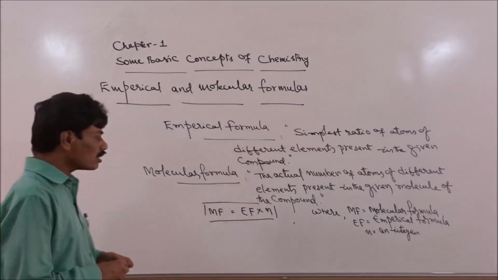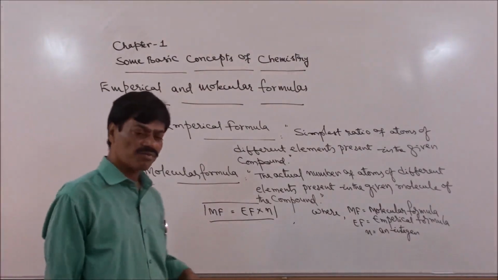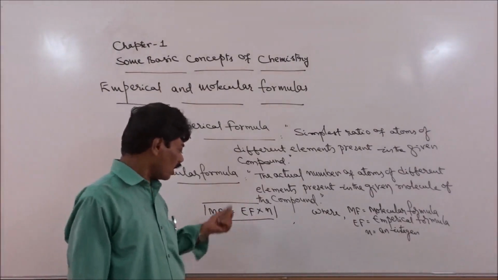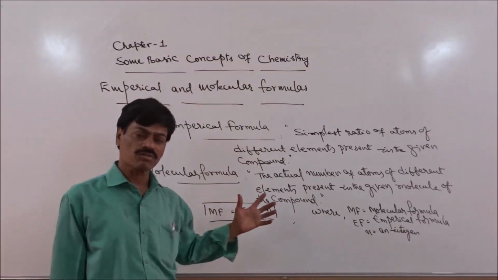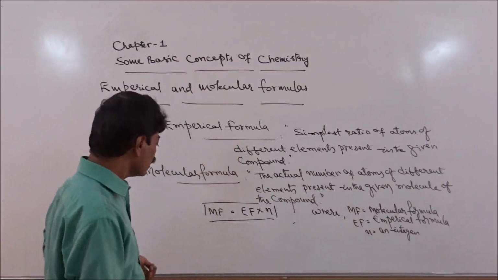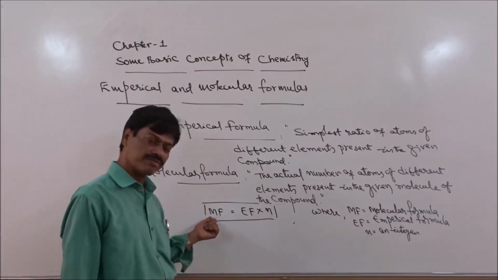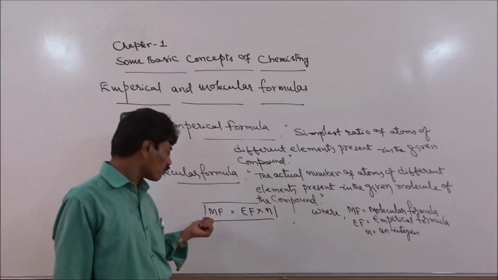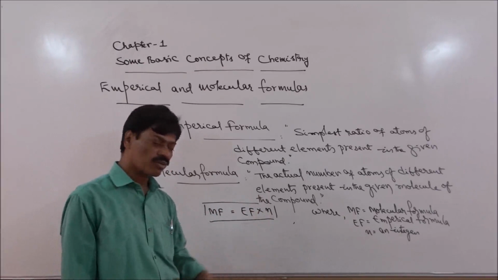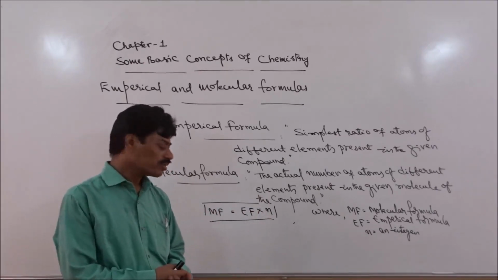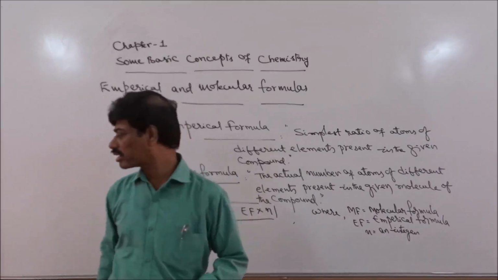So that's about the relationship between molecular formula and empirical formula. And if we know any two out of these three, the third unknown one can be calculated. Like if we know empirical formula and integer n, we can calculate MF, molecular formula. Or if we know molecular formula and integer, then we can calculate empirical formula. So in that way, empirical formula and molecular formula are correlated to each other.